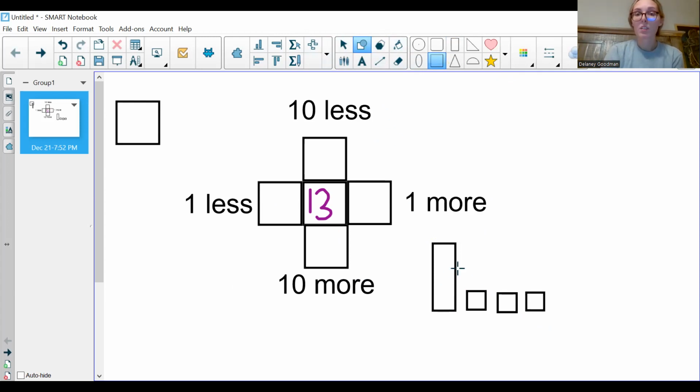Okay, so I have 10, 11, 12, 13. I need to find 1 less. So what can I do? If I need to find 1 less, then I know I can take away 1, right? So I'm going to mark that one out. Now, what is my number? 10, 11, 12. So I would write 12 right here.